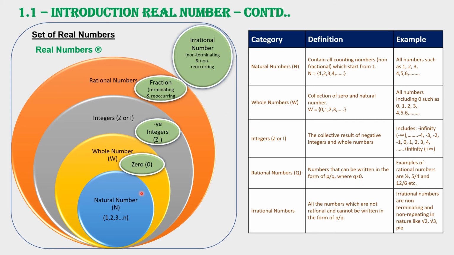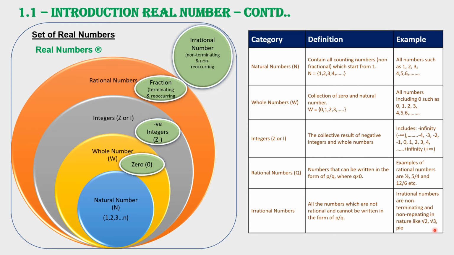Plus what you need to learn here now is irrational numbers: all the numbers which are not rational and cannot be represented in the form of p by q. Basically these numbers are non-terminating and non-repeating, like root 2, root 3.